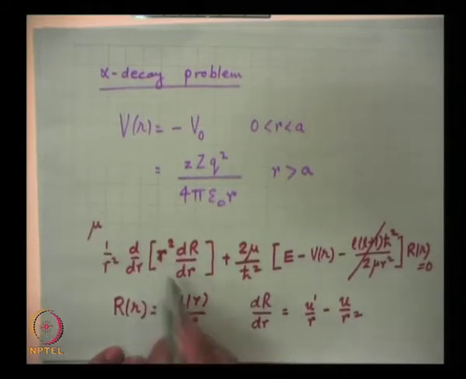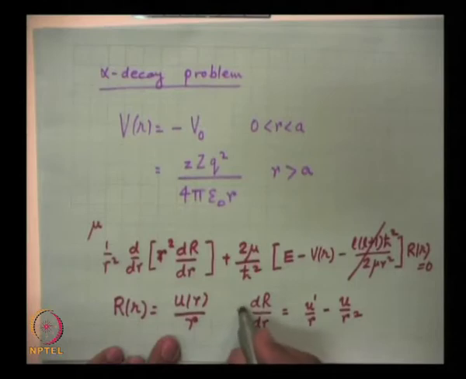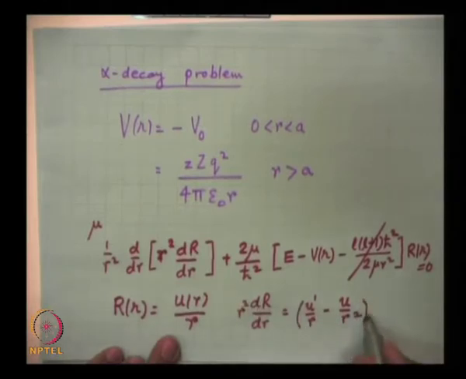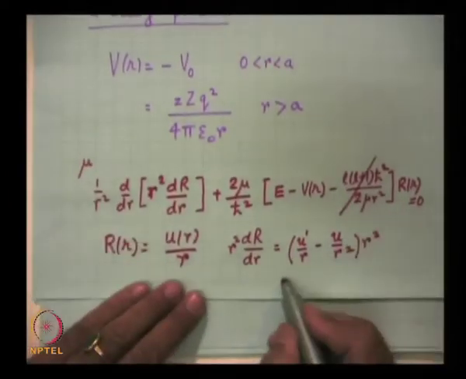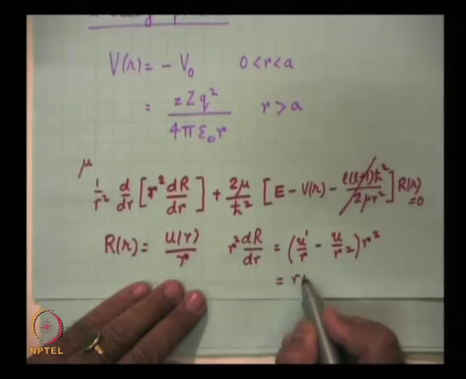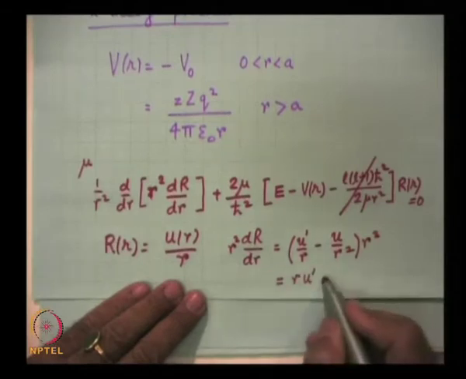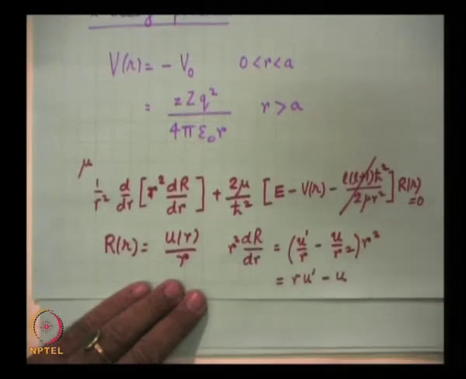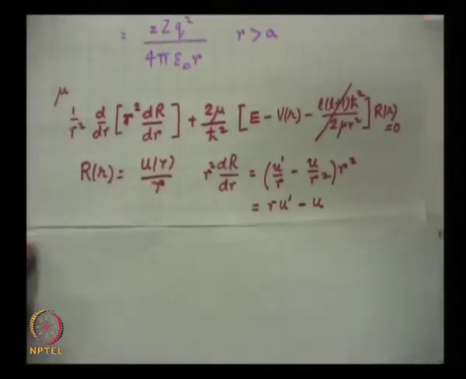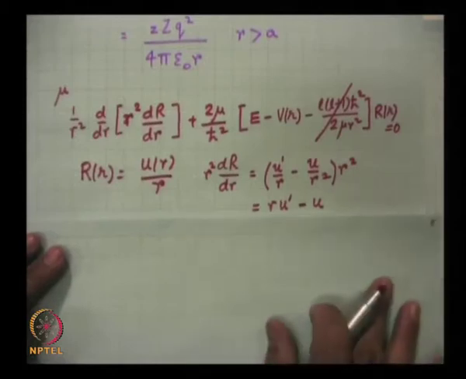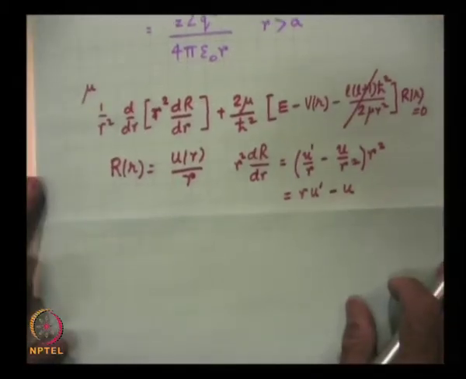I then multiply this by r square, so this becomes r u prime minus u. This is straightforward; I have done this once before.